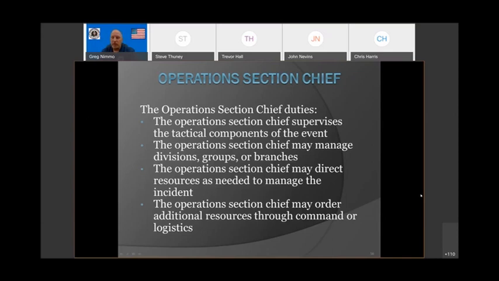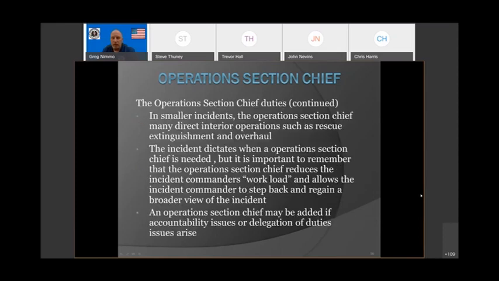So you're also there to oversee and determine if more resources are needed to get your task accomplished.